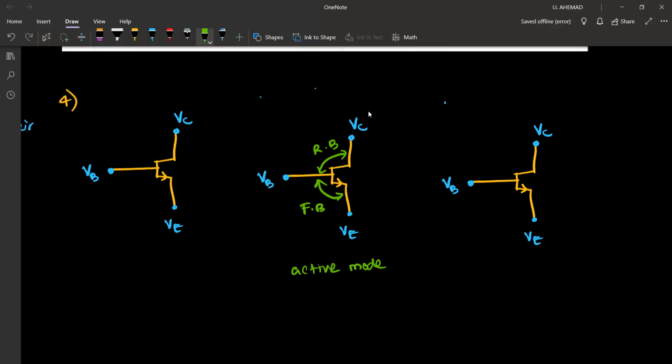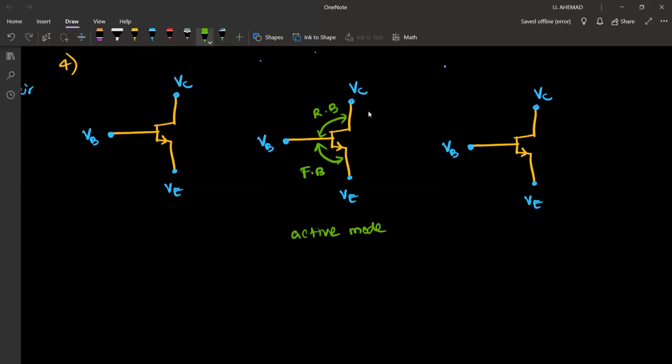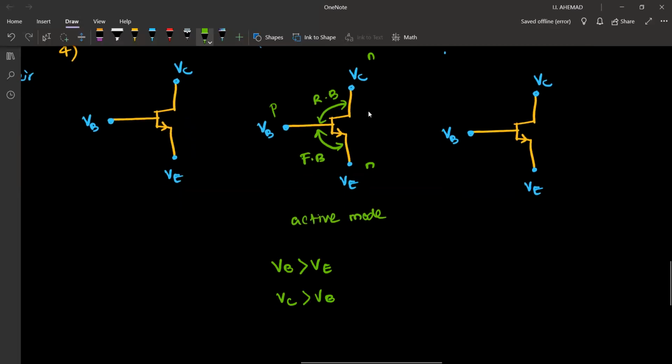Okay with that? So to forward bias this region, VB has to be greater than VE. To reverse bias this, now this is an NPN, so N has to have more potential. That means VC is greater than VB. So if this condition is satisfied, it is in the active mode.